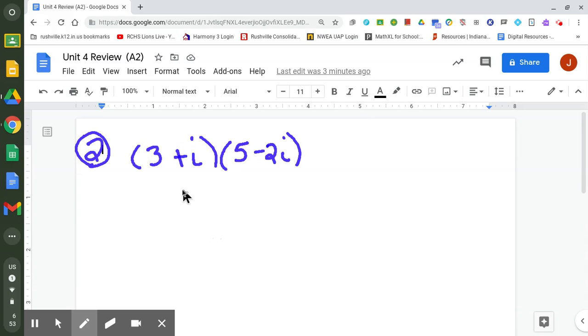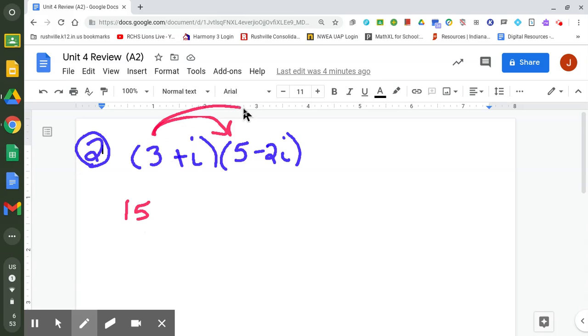On number 2, we have a binomial that includes an i and another binomial that includes an i. There's no sign in between the parentheses, so we have to FOIL. We take 3 times 5 to get 15.